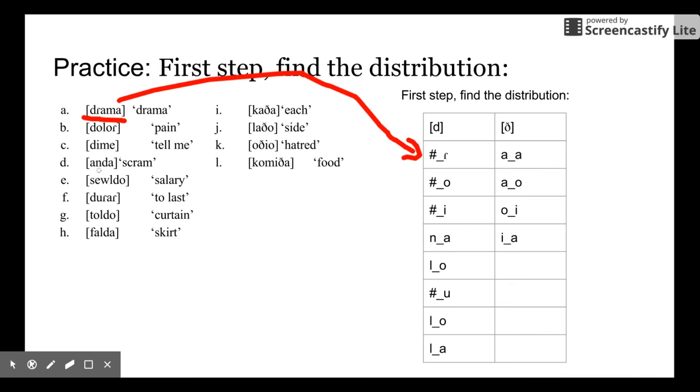And this one, the sound is between N and R, and then this sound is between and the O sound, right? You do it all the way down, and you write down all the environments, all the distribution of the sound, and then you do the same thing for the other sound. This one is this one.